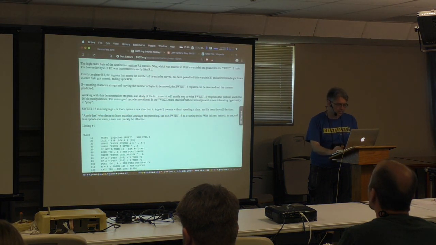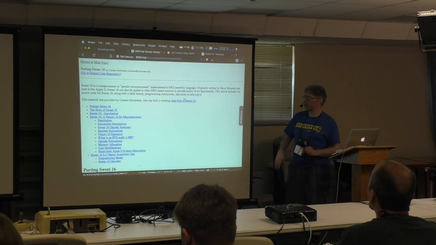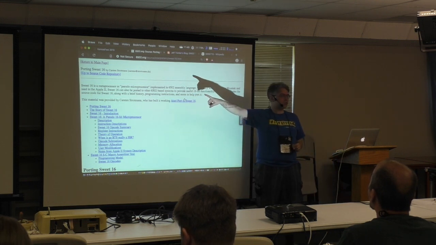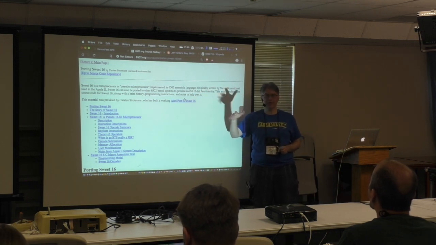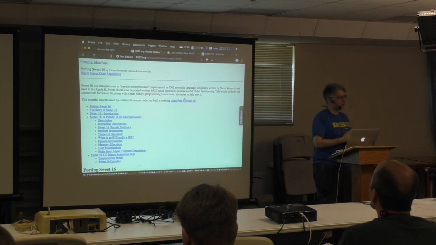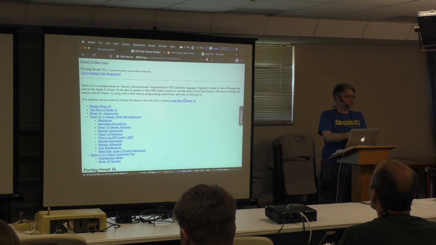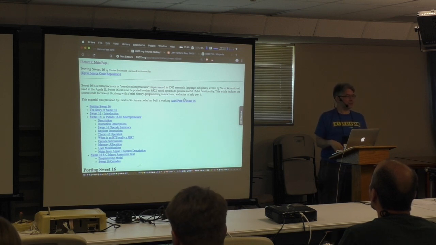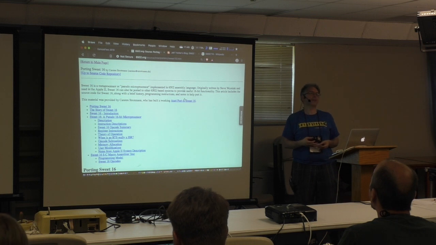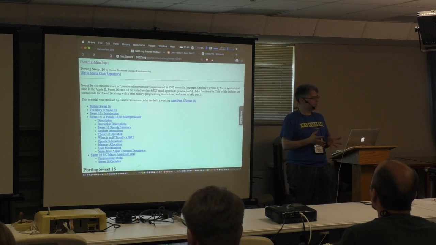This page that I was reading from is about porting SWEET16 to things like the Atari or any other 6502 machine. But no, I don't know of anyone that has made a SWEET16 coprocessor. It doesn't do very much, right? I mean, it adds and subtracts and moves things. Yeah, right. Okay, thanks.